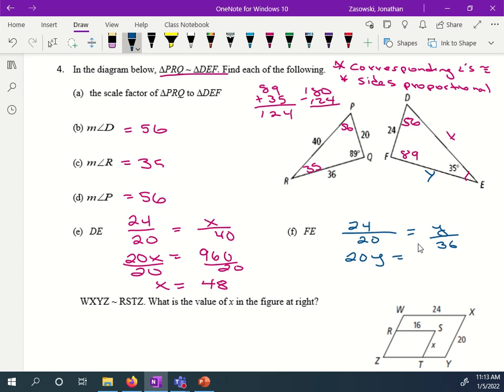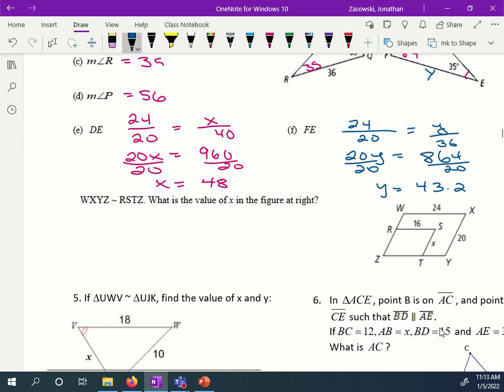Like it. 864 and 43.2. Okay? Does that make sense how we did this though? Any big questions? Everyone's okay with creating a proportion and solving?